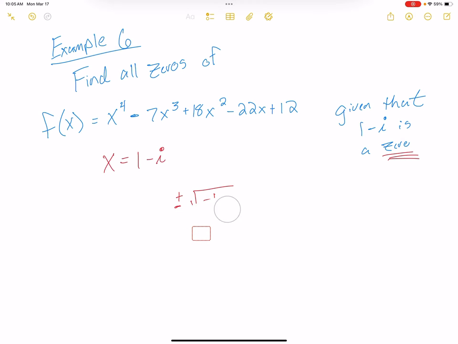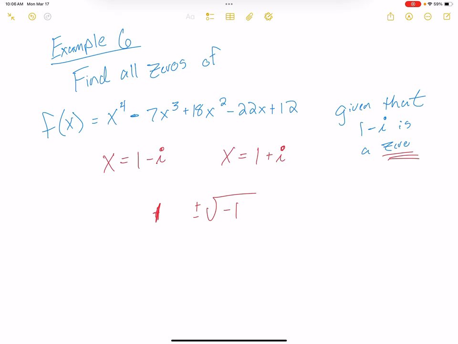So in this situation, we'd have x equals 1 plus i, because the i came from the square root, and there'd be a plus or minus. Maybe it was just 1, and it'd say 1 plus or minus the square root of -1.